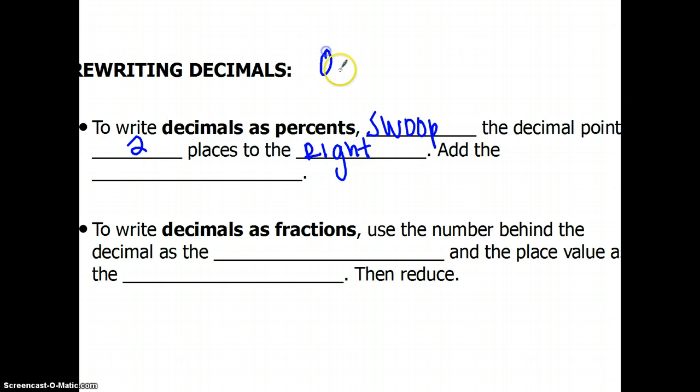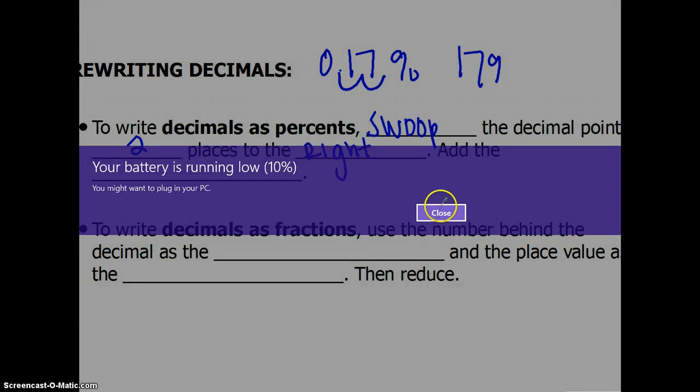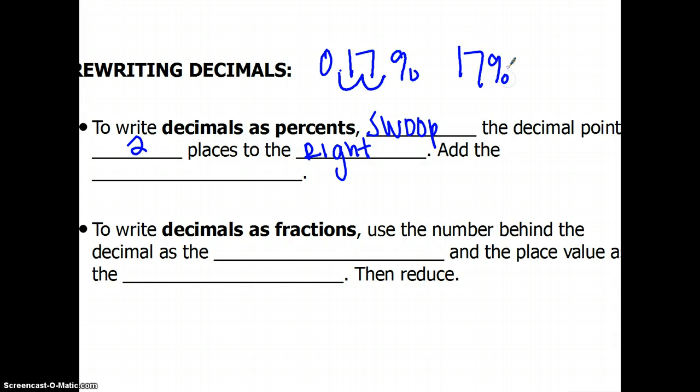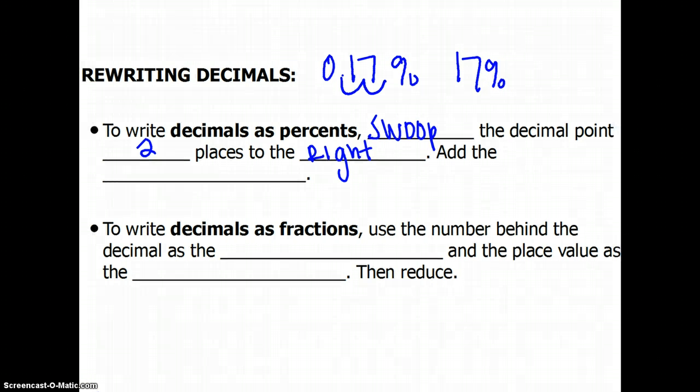So if I have 0.17 and I want to get it to a percent, I swoop 1, 2, and add my percent sign. So I get 17%. So we swoop it to the right and we add the percent sign. And remember, a percent sign is a circle, a slash, and another circle.